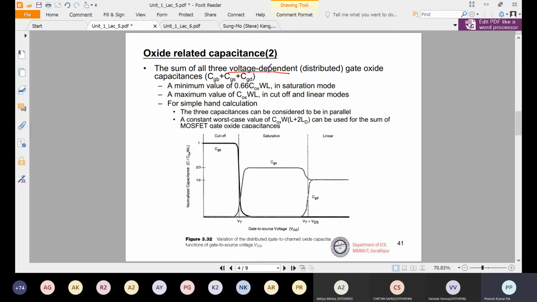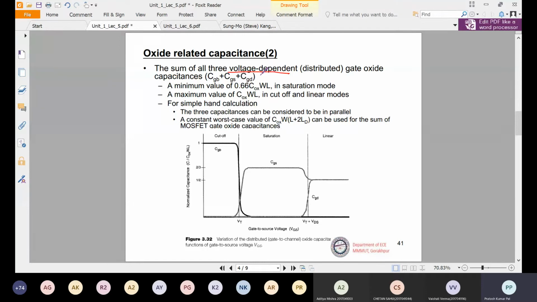So because of the applied voltage, the channel region is either formed or there is no channel, or there is some channel but it is depleted. That's why the channel decides the parasitic capacitance. So it is called voltage dependent capacitances.